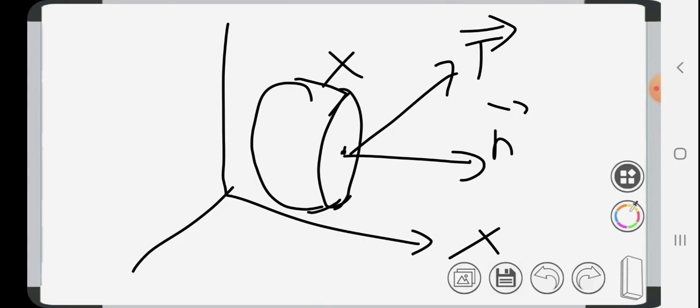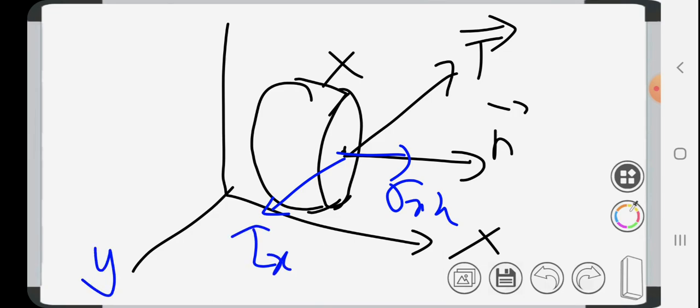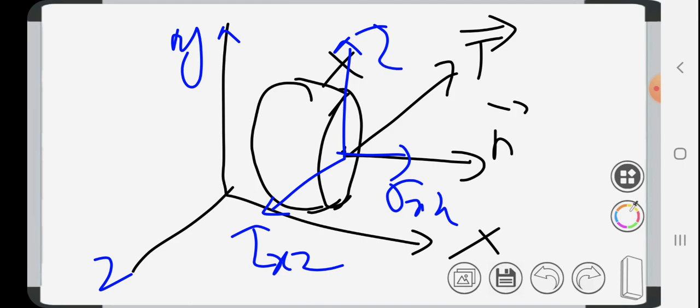The t vector can be resolved into three components. First one sigma xx, second one tau xz, this is z, this is y, so this is tau xy.